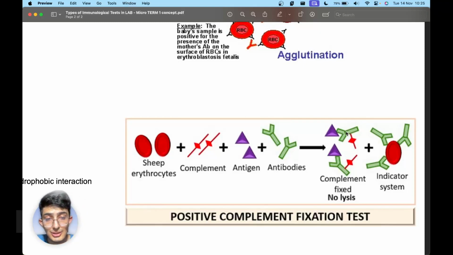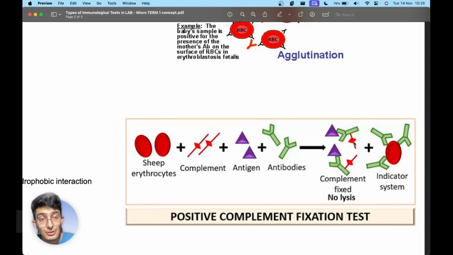Now the antigen-antibody complex activates complements. After we added complement, it got activated, and the activated complement is now bound with the antigen-antibody complex. It is fixed. That's why it's called the complement fixation test.